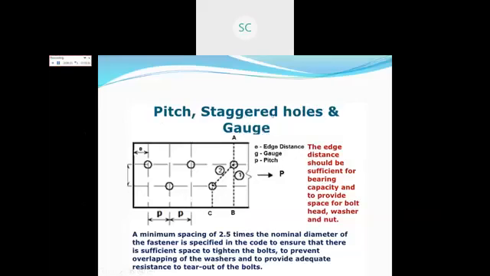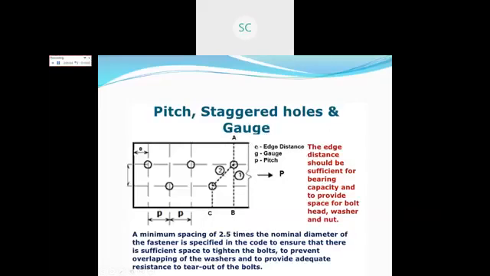Staggered means zigzag, not in a single line. If you are providing this row one and then one here, then one there, then this is zigzag, staggered pitch. So generally we are taking this as an example to know the different definitions of pitch and gauge.